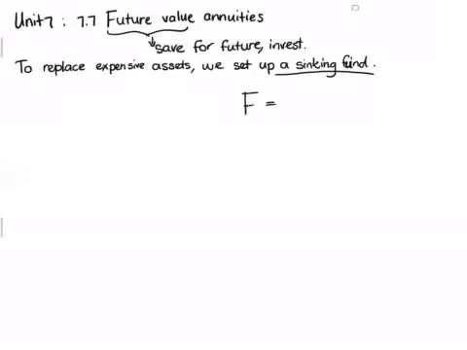Let's look at the formula. It is similar to the present value formula, but obviously not the same. So don't get confused between the two. So again, F is the future value. It is what I'm hoping to end up with, what I'm saving up for.